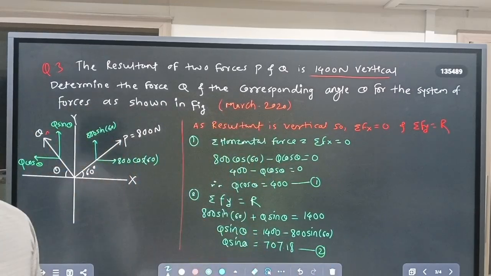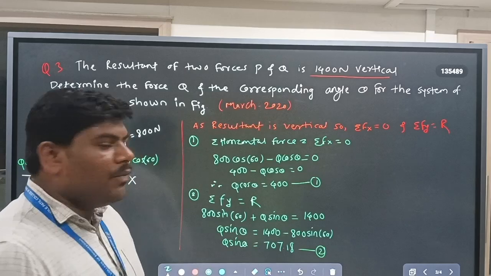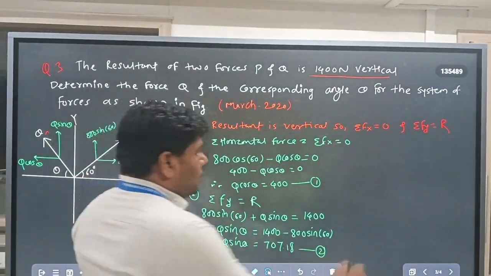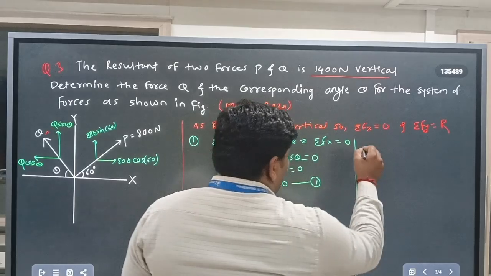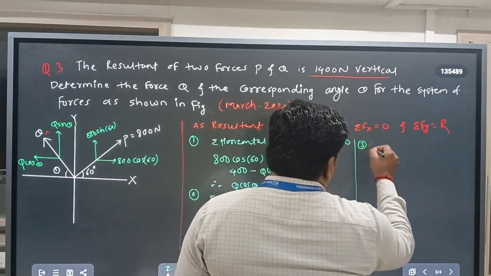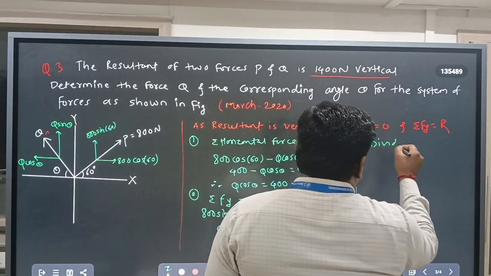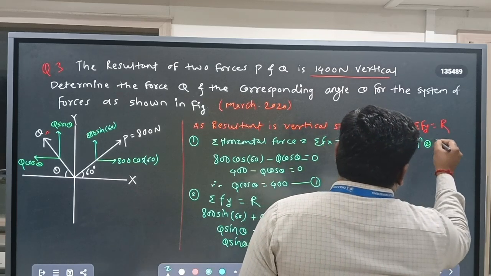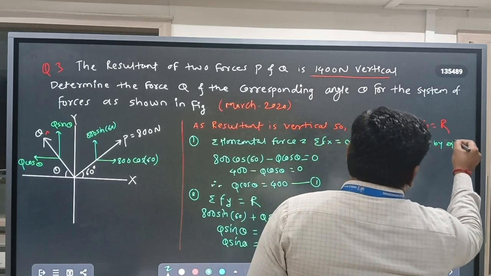Okay, from these two equations we get the value of Q as well as theta. So here step 3 is dividing equation 2 by equation 1.